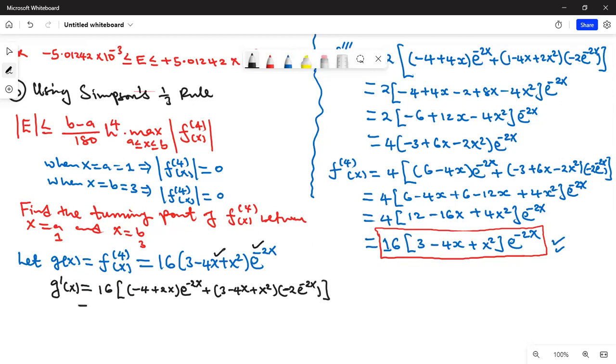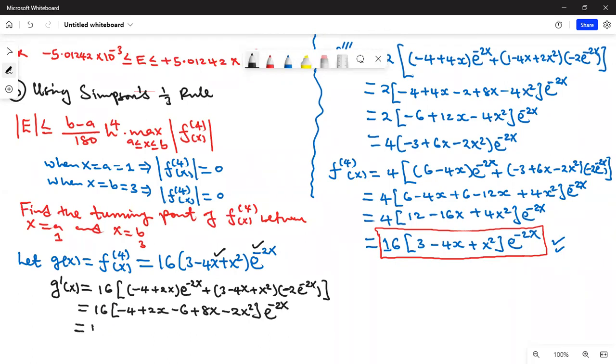If I simplify, this is what I need to get: 16 into negative 4 plus 2x minus 6 plus 8x minus 2x squared, exponential negative 2x.